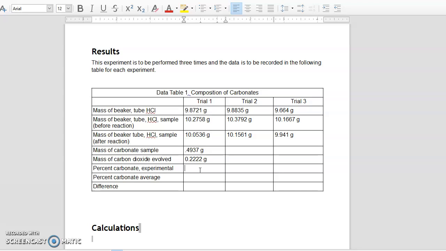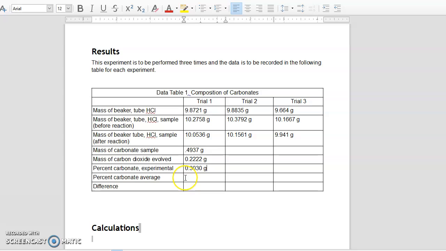And so what you would end up with here is 0.3030 when you do that calculation, right? So you're multiplying this number by the molecular weight of the carbonate divided by the molecular weight of the carbon dioxide. Same sort of thing that we did during your problems that you worked on for this last week.